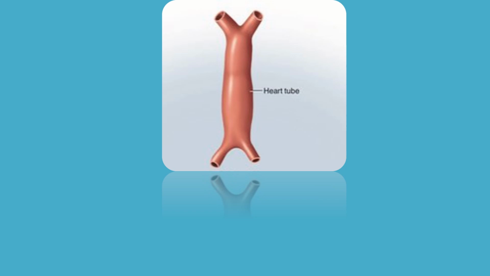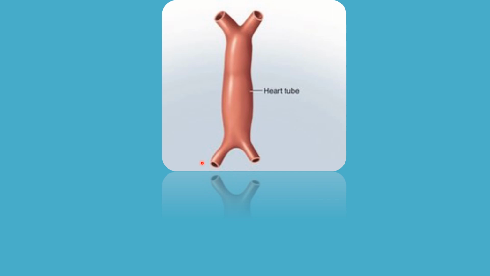The venous end has a right and left horn. Each horn receives the vitelline vein from the yolk sac, the umbilical vein from the placenta, and the common cardinal vein from the body wall.